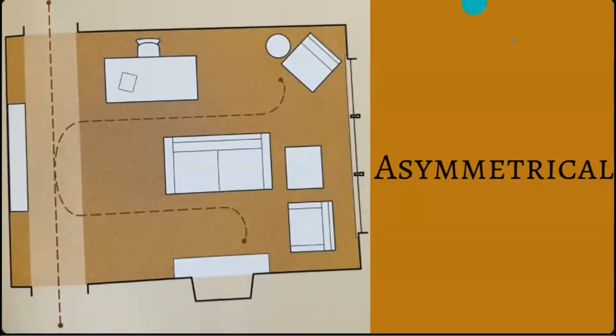So in asymmetrical, what we have to do is, we need not put the same kind of furniture because we are not creating symmetry. We can place things in different ways and we can put different kinds of furniture. Like if we are taking one two-seater sofa, one single-seater and one three-seater or one bench, is it okay with that?